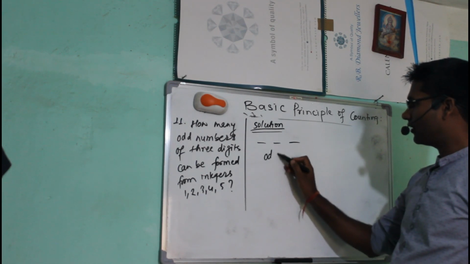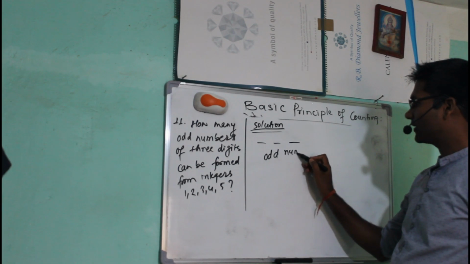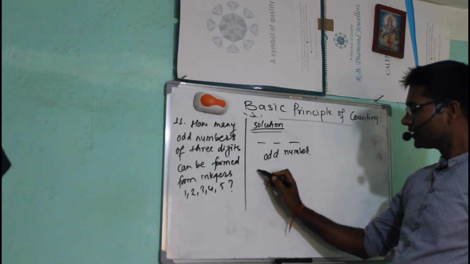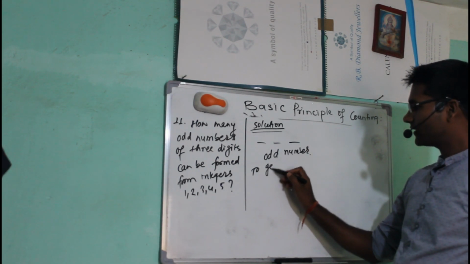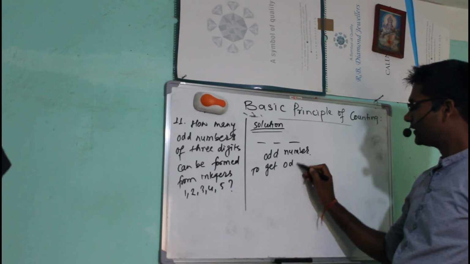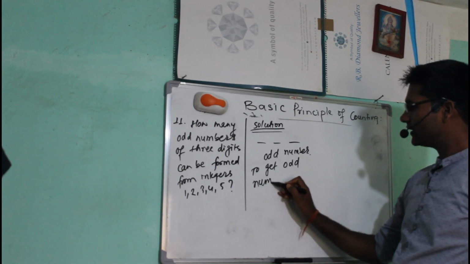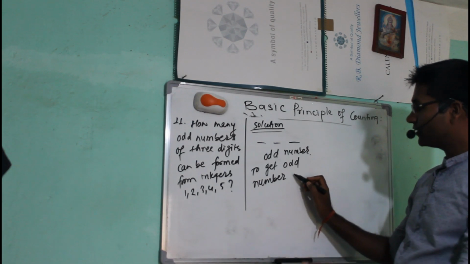So to get an odd number, what should be there? The condition is for unit place.